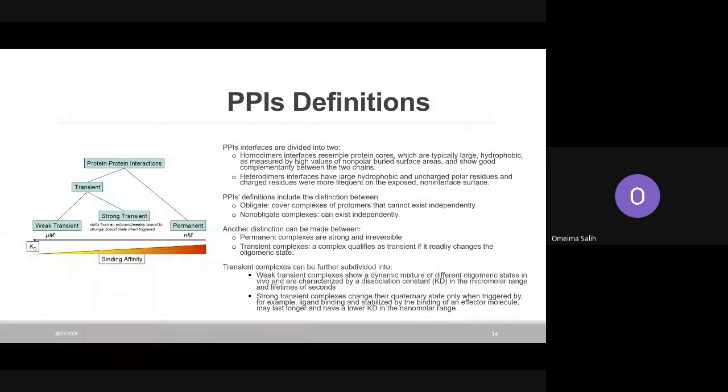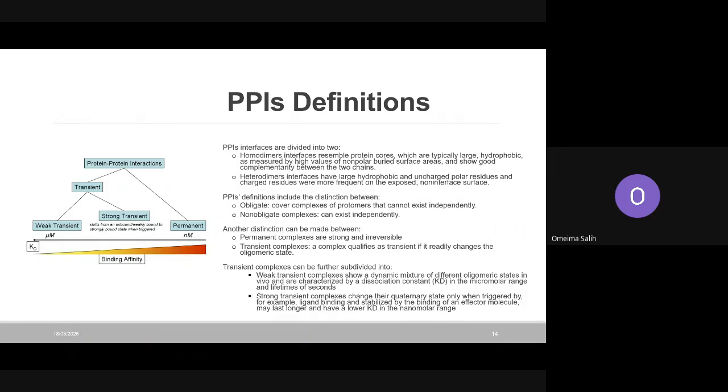Another distinction is permanent complexes, and these are strong and irreversible. And usually the type of bonding that is part of this interaction is a covalent bonding. Transient complexes, in the opposite definition, are complexes that are readily changeable.